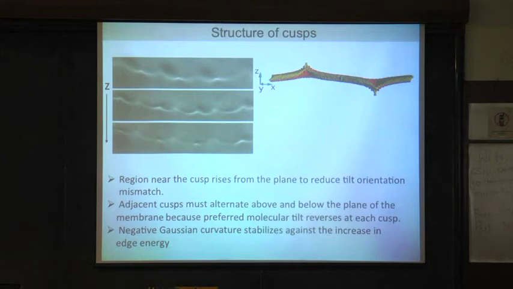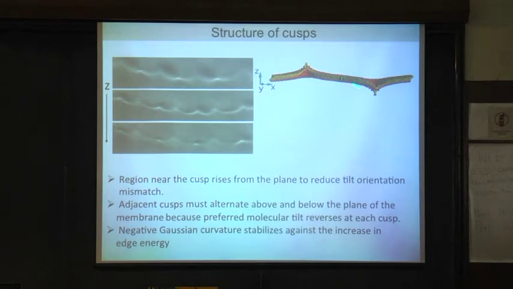If you are in the plane, they have to be like this, which is a huge energetic cost, compared to if we go above the plane as shown in this schematic, then the rods can almost be parallel, and the orientation mismatch is minimal. And because each cusp separates regions of opposite handedness, in order to maintain the preferred tilt, the cusps have to alternate above and below the plane.